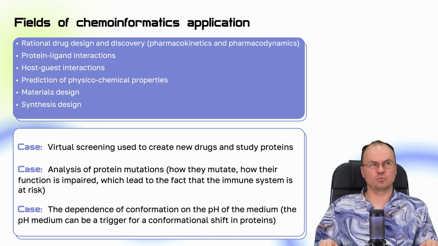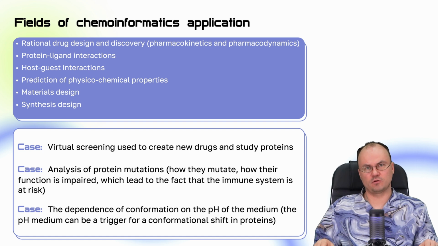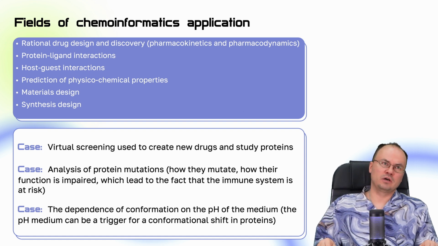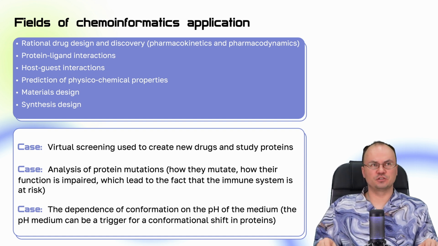We can also implement these concepts to predict different physicochemical properties of proteins, such as solubility of different proteins, because if the protein is folded, it would also change the solubility.